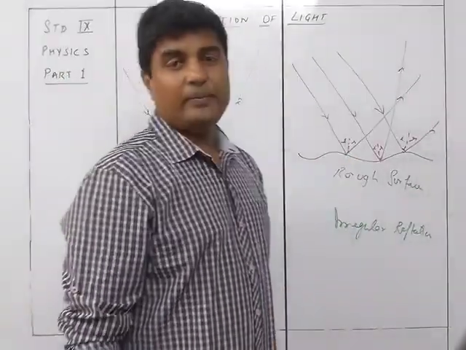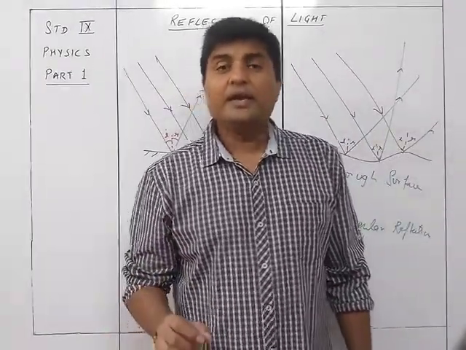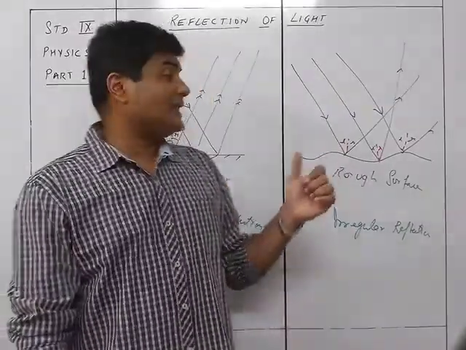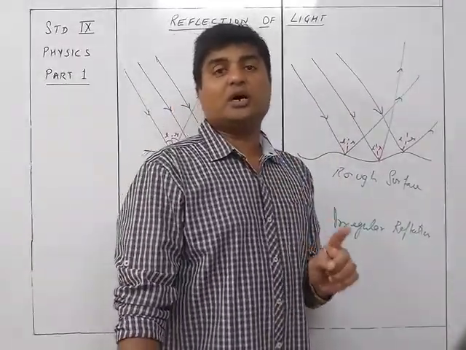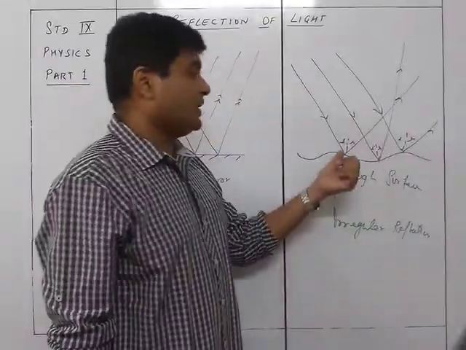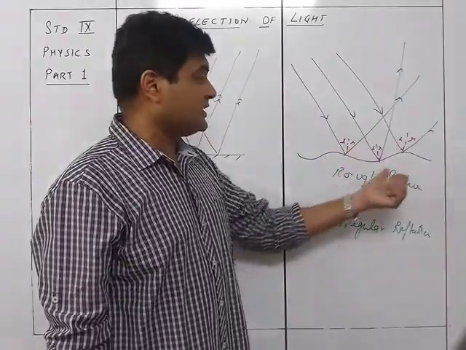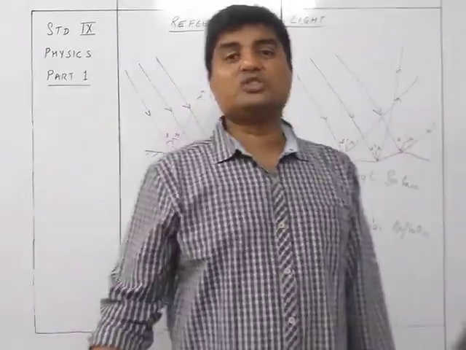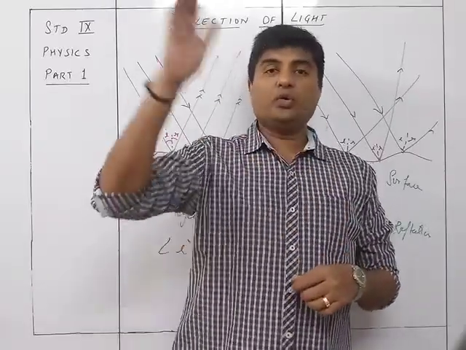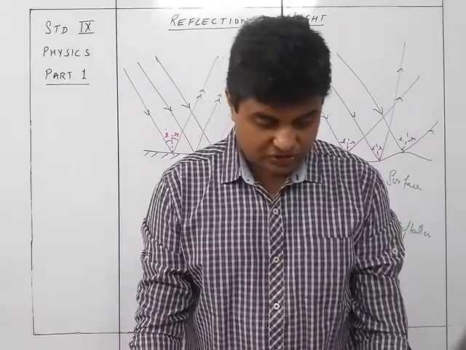So you can see that even in the case of irregular reflection, the light rays do obey the laws of reflection. Here also the angle of incidence is equal to the angle of reflection, but because the surface itself is not smooth, the reflected rays go in different directions.